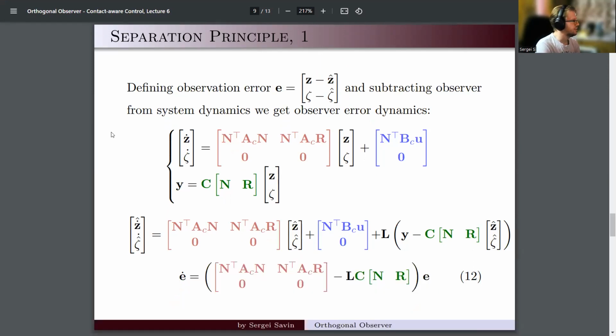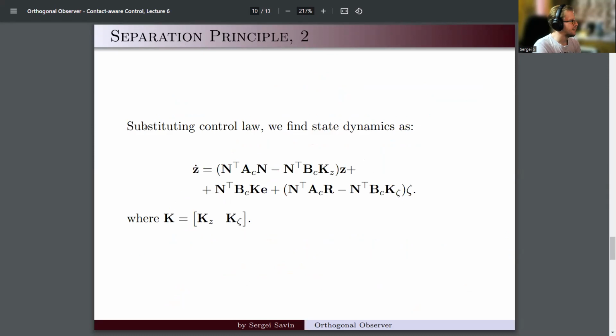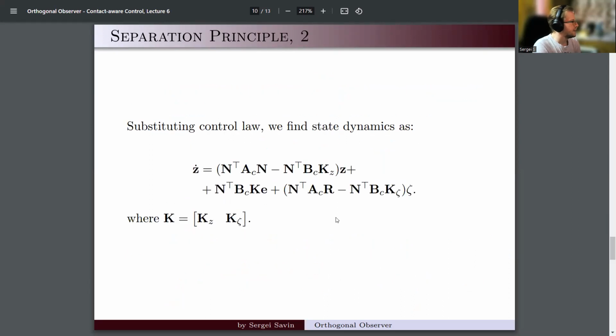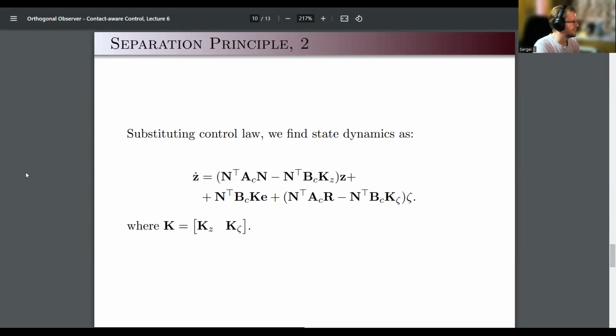Good, we got that. This is just a simple step of deriving the error dynamics. We have to do it, and we have done it. Now, we have the dynamics of our original variable z.